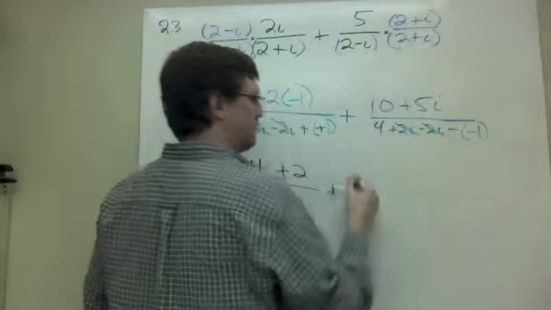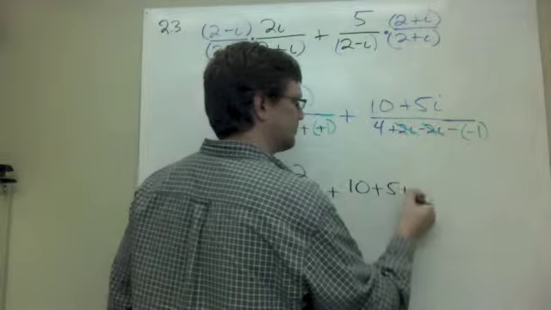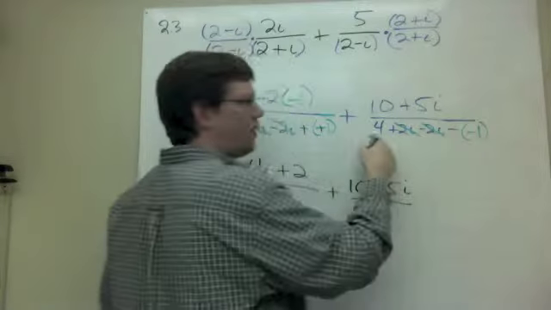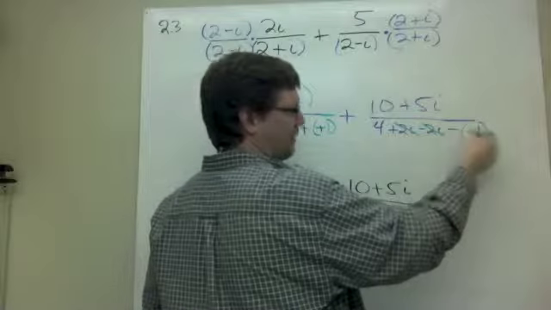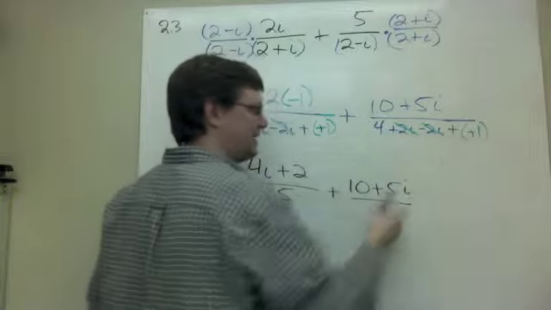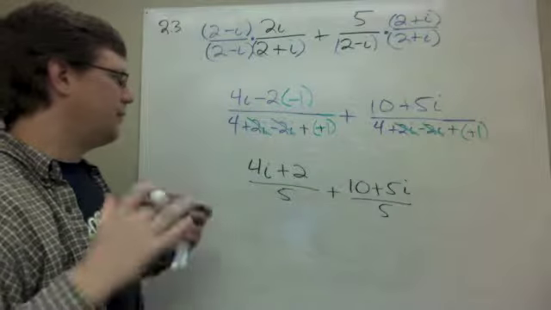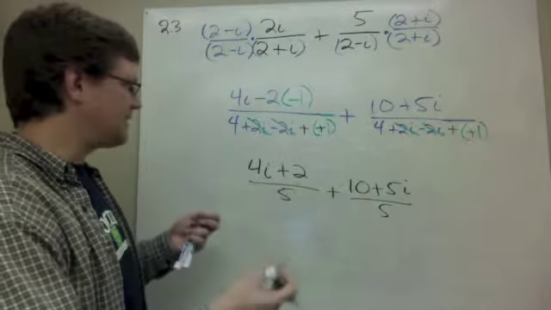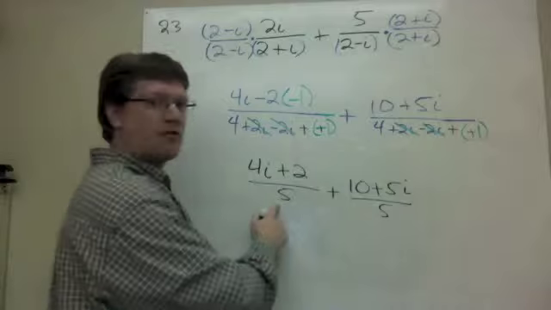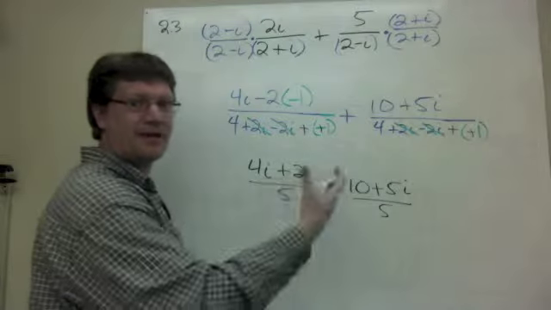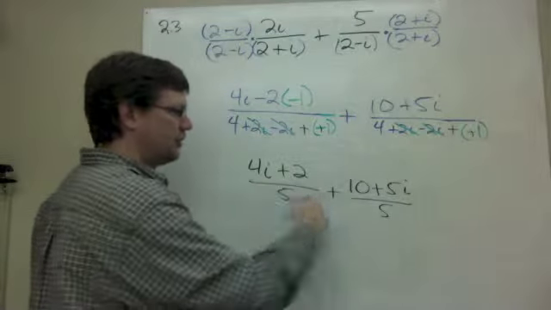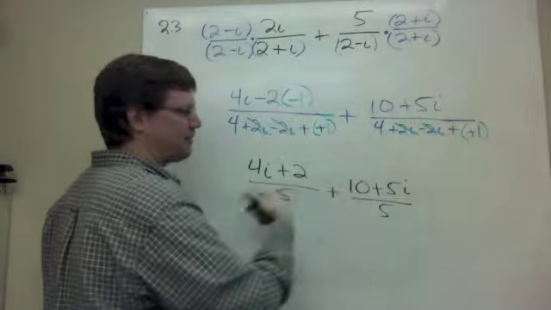Plus 10 plus 5i. 4 minus negative 1 is the same thing as adding 1, and that's again over 5. Okay? Now, we can add these fractions as they are, right? They're now over the same thing. We got lucky in this case. So let's just add up these two fractions.